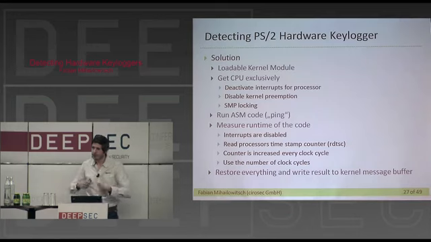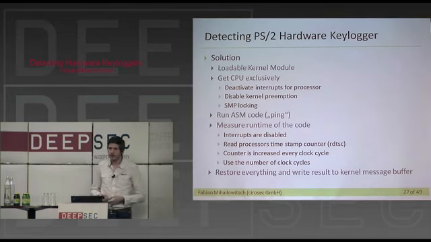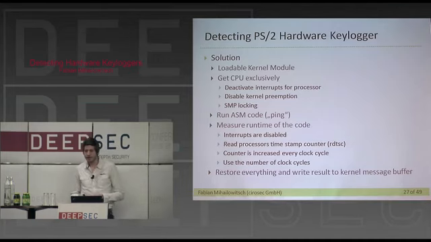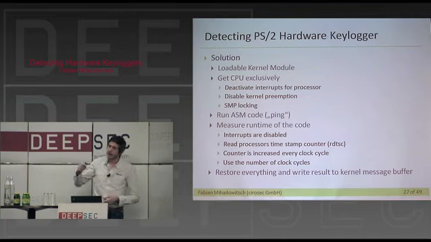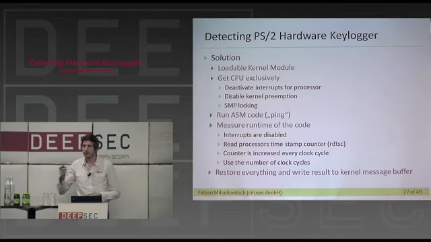Once the code is running, I need to measure the time it takes to run. Since we disabled interrupts, we don't get accurate timing anymore. So I read out the processor's timestamp counter, the RDTSC register, which is increased every clock cycle, and we can count the number of clock cycles it takes to run our code.